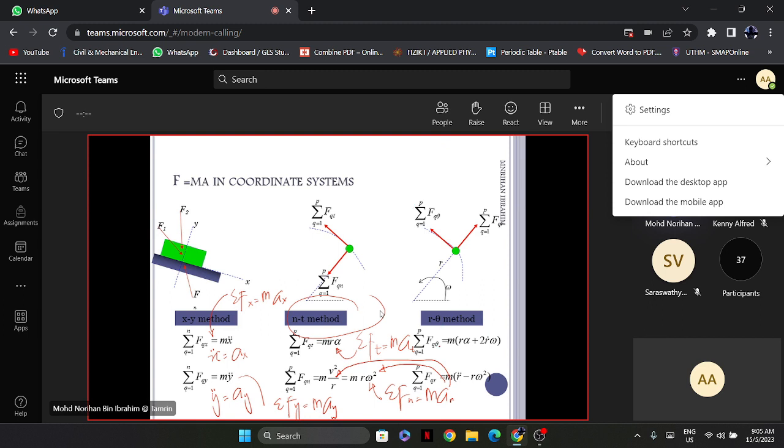Theta ni adalah transverse, r adalah radial. So a theta is equal to r alpha plus 2 r dot theta dot, ataupun 2 r dot omega.